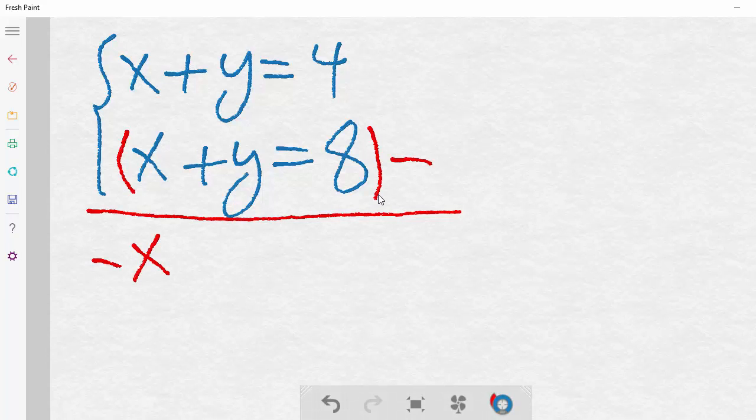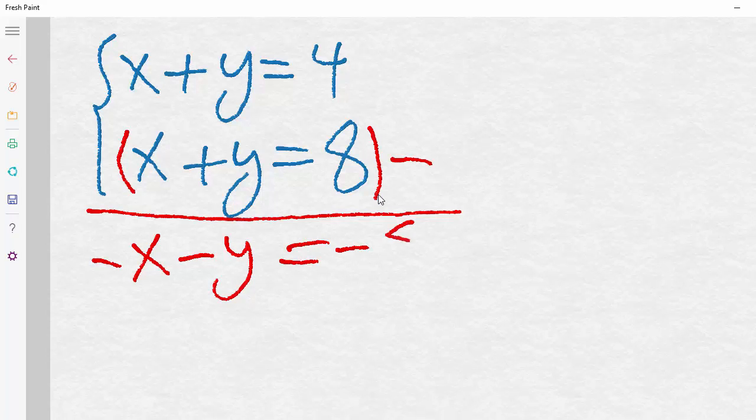Negative times y is negative y equals, and negative times 8 is negative 8. Now I'll add these two equations. I add the first equation, x plus y equals 4, to negative x minus y equals negative 8.